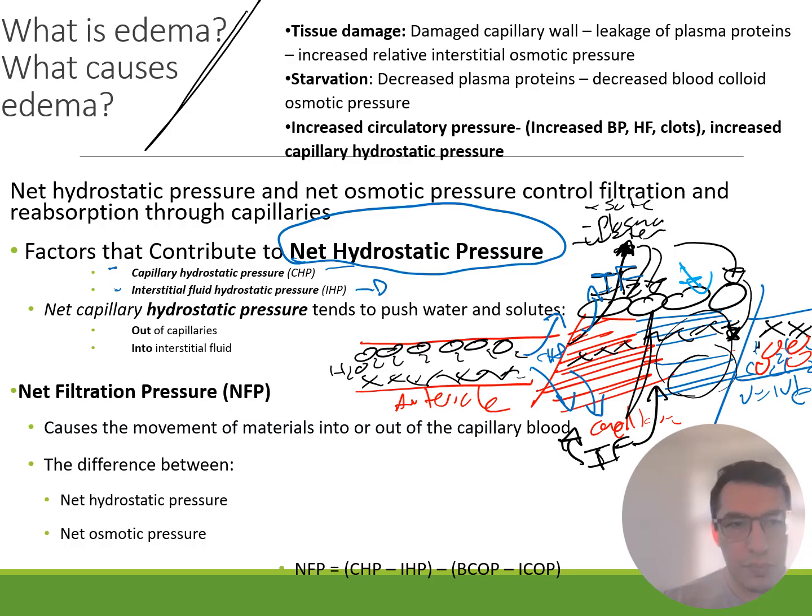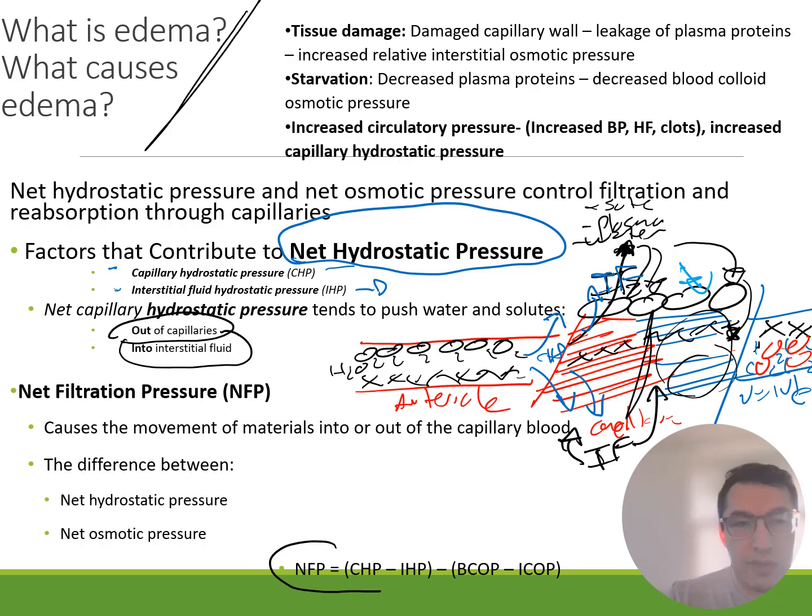Okay. Because our capillary hydrostatic pressure is higher, we push more out of capillaries than we suck back in, and that is higher than the interstitial fluid is pushing back in.